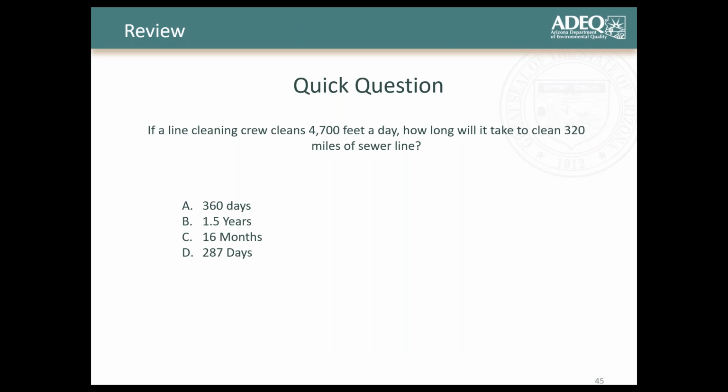So, another quick question. If a line cleaning crew cleans 4,700 feet a day, how long will it take to clean 320 miles of sewer line? And I'll give everybody a few moments to answer that one.